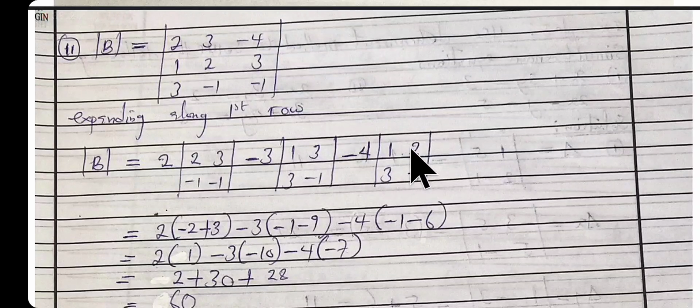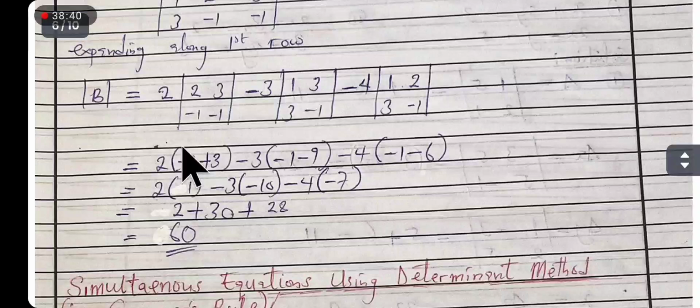Then this is the extract. The first row is cancelled, the third column is cancelled. So you have 1, 2, 3 and minus 1, and that is what we have here. So if that is what we have here, you are going to have 2, open bracket, 2 times minus 1 is minus 2, then minus 3 times minus 1 is minus 3.